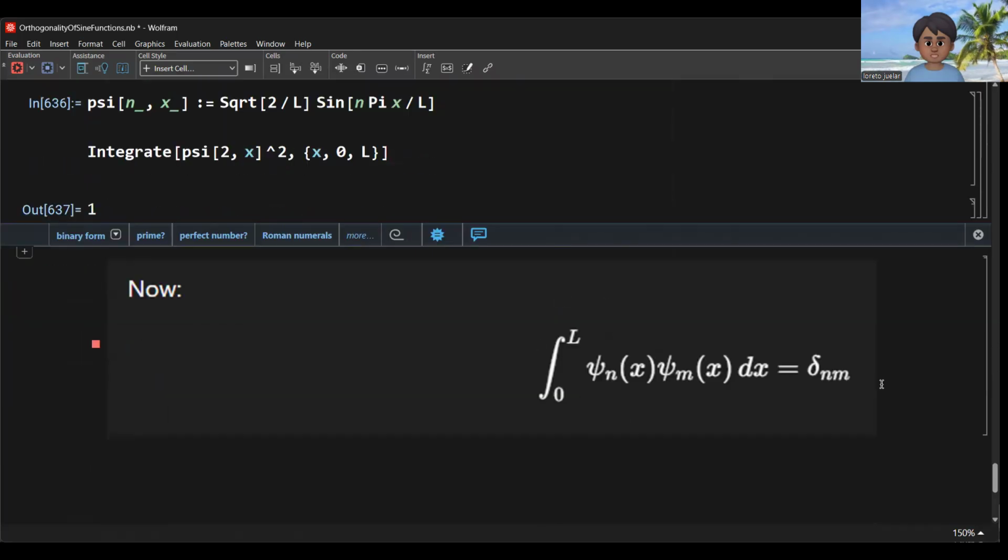This is now our definition with the Kronecker delta: the integral from 0 to L of psi n of x and psi m of x, where if n is equal to m, this becomes 1, and if n is not equal to m, this becomes 0.